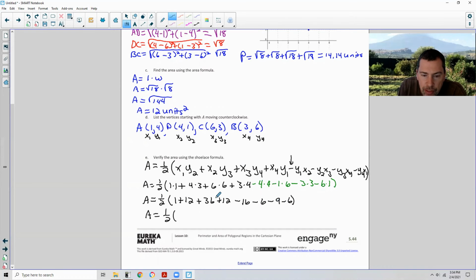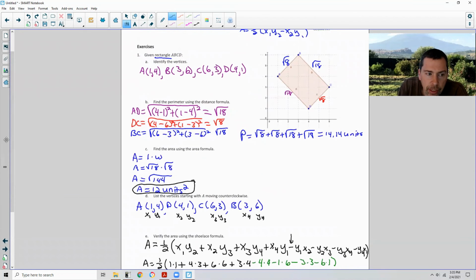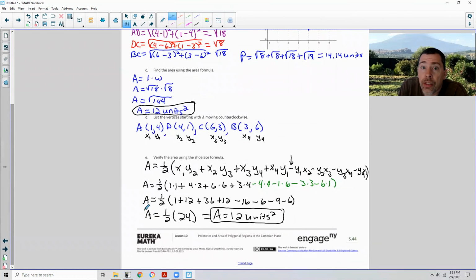And remember PEMDAS, if you have addition and subtraction, you work left to right. 1 plus 12 is 13, plus 36 is 49, plus 12 is 61, minus 16 is 45, minus 6 is 39, minus 9 is 30, minus 6 is 24. So 1/2 of 24 equals 12 units squared. And that's what we got using the graph. Whew, I'm glad that worked. That was a lot of work.